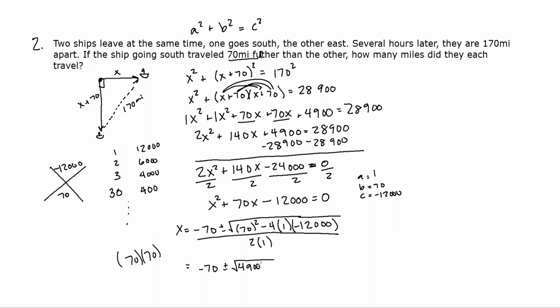Add those 2 zeros. Minus, and there's a negative, so it'll be a plus, 4 times 12,000. Now, 4 times 12 is 48. Add the 1,000. Really big numbers here, but we'll see what they're like. 2 times 1 is 2.